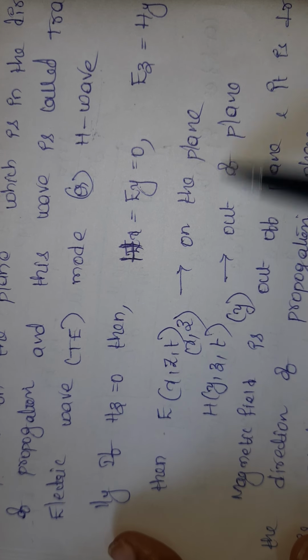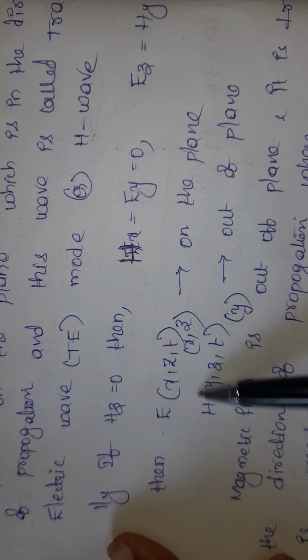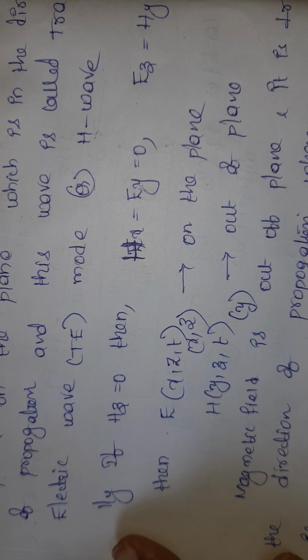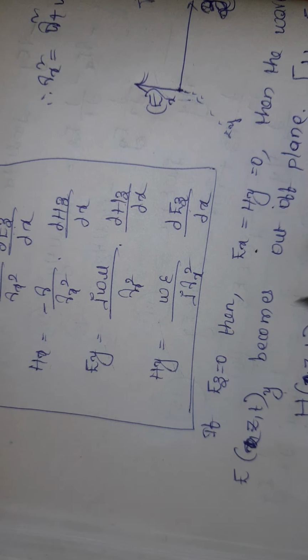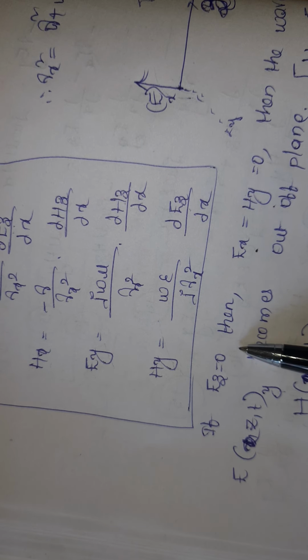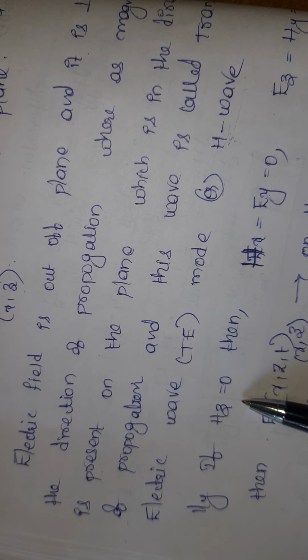And this mode of propagation is known as transverse magnetic wave, TM mode or E wave. So we have clarity on what is transverse electric mode, TE mode, and TM mode. TE mode means you have to substitute Ez equal to 0. TM means you have to substitute Hz equal to 0. Okay, thank you.